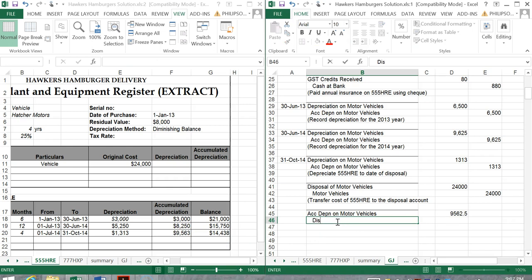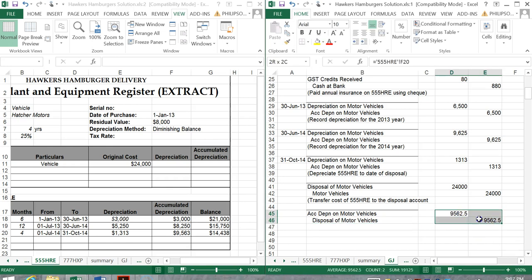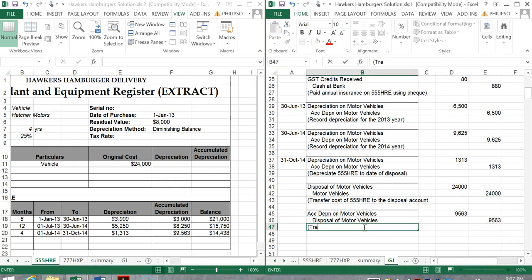And we want to credit the disposal account. And we'll just go equals that, highlight these two cells here, and get rid of the decimals. Transfer accumulated depreciation on 555 HRE to the disposal account.